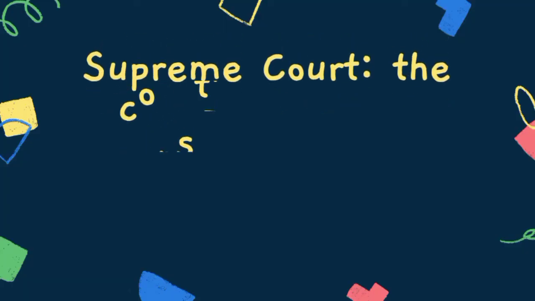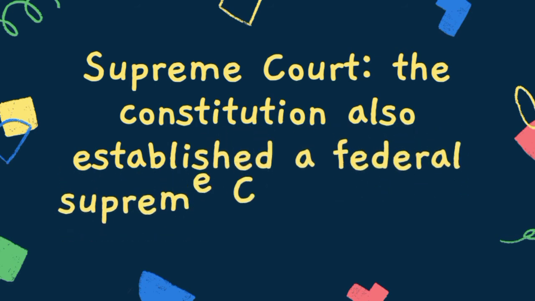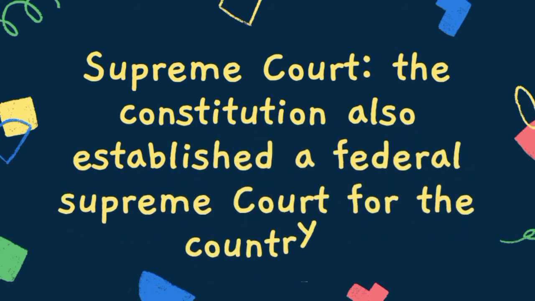Again, Lyttleton Constitution established the Supreme Court, even though the Supreme Court was not the highest court of the land. The Constitution established a federal Supreme Court for the country.